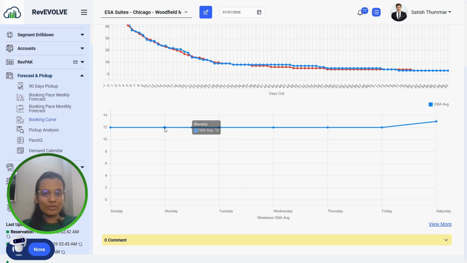Here you can see that over the last 90 days, the average for Monday is 12, for Tuesday it is 12, and likewise, Saturday is 13. So it truly shows the averages of how weekdays performed in the last 90 days based on the historical data. Now let's move on to PaceIQ.